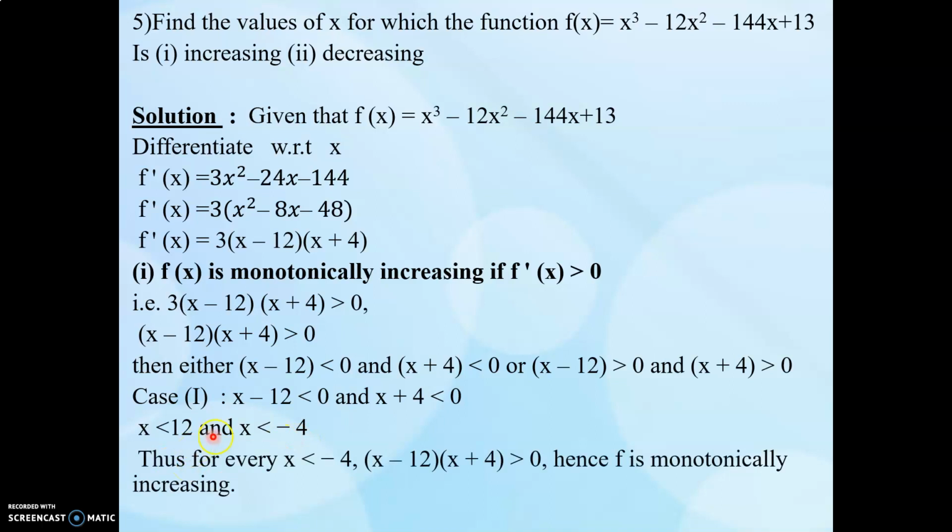Among these, x less than minus 4 is the smallest one. So here it is x less than minus 4, it is monotonically increasing. In case 2, x minus 12 greater than 0 and x plus 4 greater than 0. x is greater than 12 and x is greater than minus 4. Among these two intervals, x greater than 12 is the smallest one.